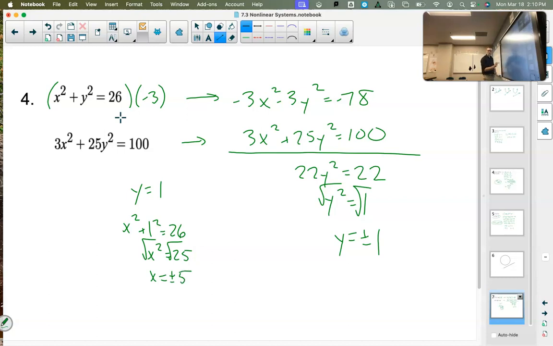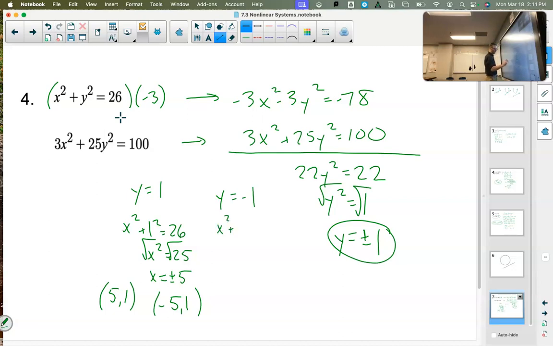So notice there's 2 points here, isn't there? There's 5, 1, and there's negative 5, 1. But remember, I said y could be plus or minus 1. We just did y equals positive 1. Let's do y equals negative 1.